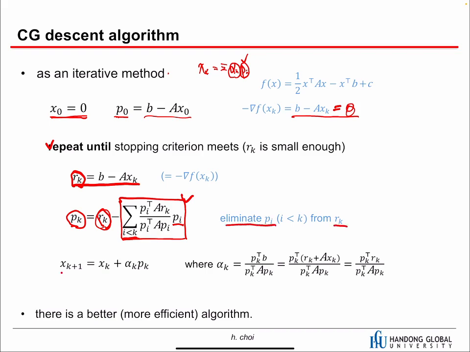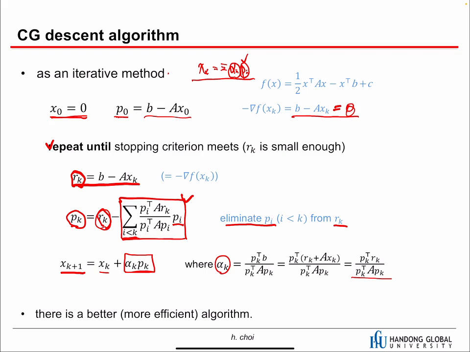Then x sub k plus 1 is x sub k plus alpha sub k times p sub k, because as I said, x star is the sum of alpha i and p i. So gradually, we just add one component at a time. And then alpha sub k is simply calculated like this, as in the previous slide. Again, in the previous slide, we assumed that the conjugate vectors are given, then we could calculate alpha sub k.